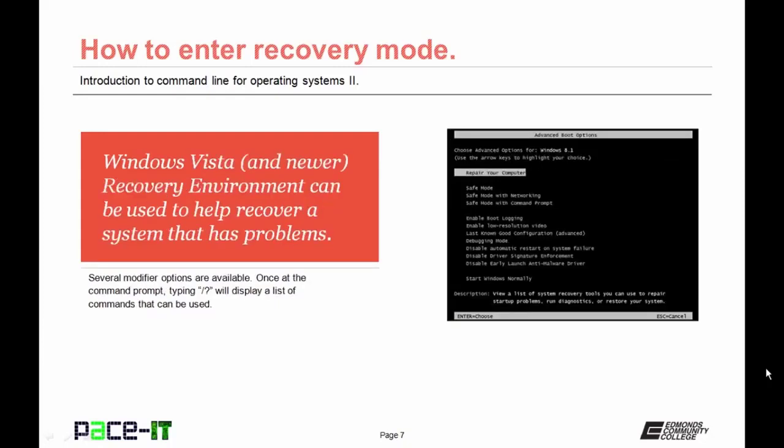Now let's talk about the recovery environment. That's in Windows Vista and newer. Just like with the recovery console in Windows XP, this is used to help recover a system that has had a problem. Once you get the command prompt, you can, as with all command prompt utilities, type /? to list the display of the commands that can be used.